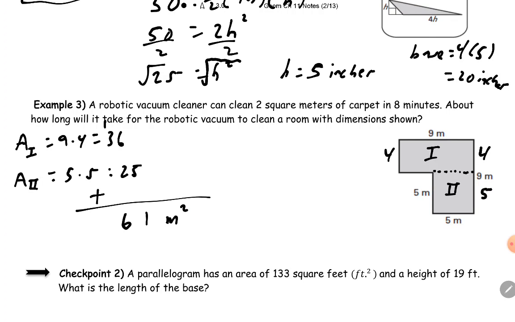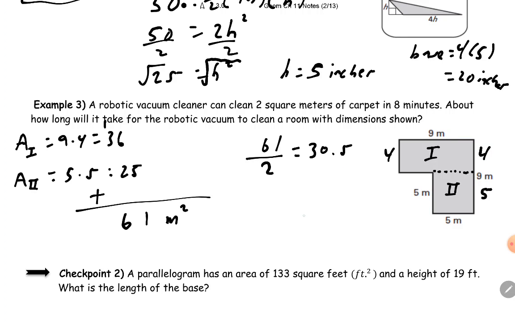Okay, this Roomba can clean only 2 square meters of carpet in 8 minutes. How long is it going to take? Okay, we're going to take that 61 and divide it by 2. And that'll give us 30.5.